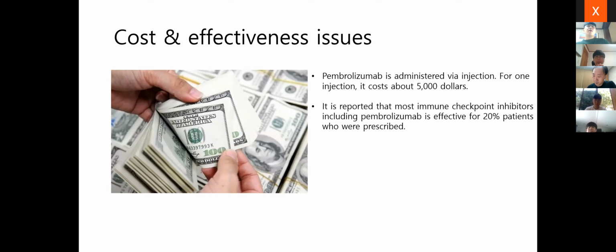And there may be even more expensive ones in the third generation drugs. It is also reported that most immune checkpoint inhibitors, including pembrolizumab, are effective for 20% of the patients who are prescribed. So the case that I introduced earlier, the Jimmy Carter case, is a very exceptional case.